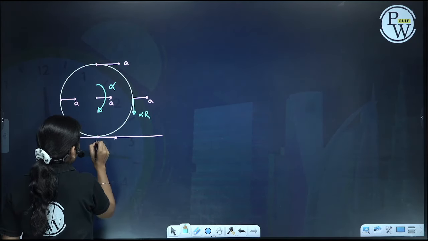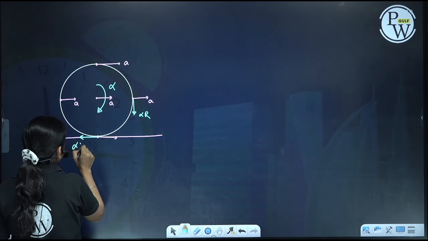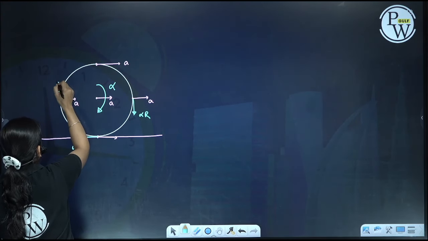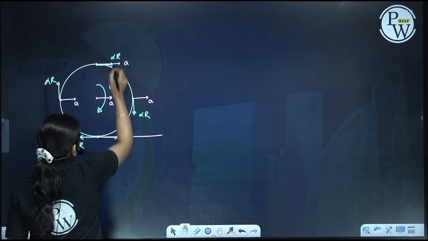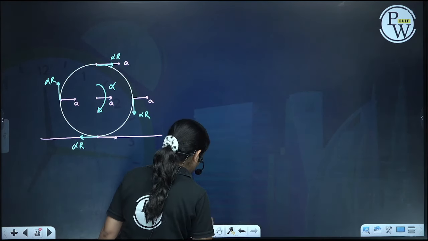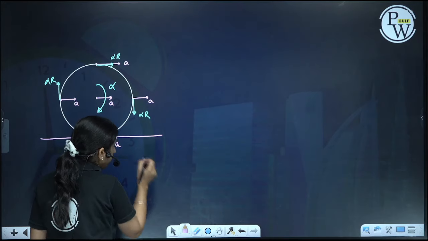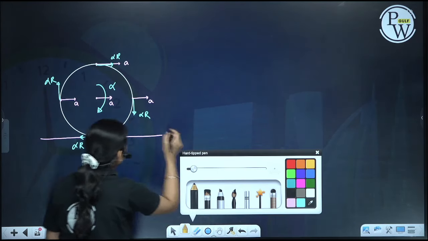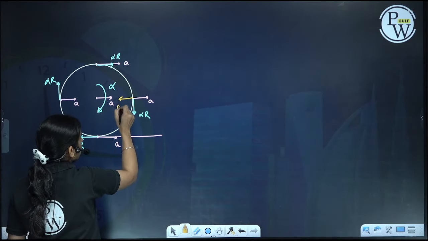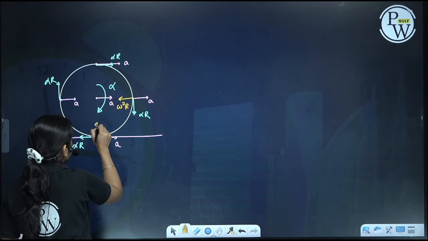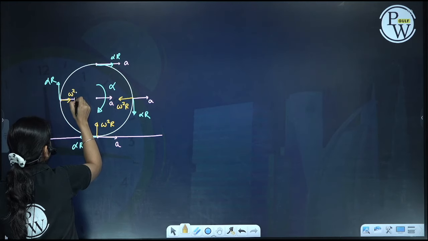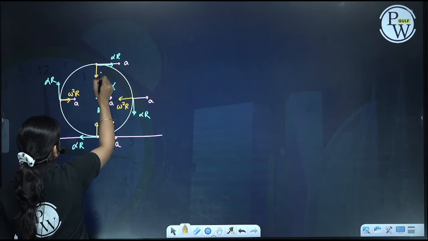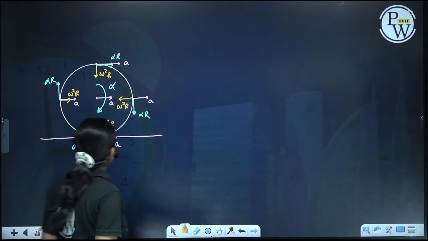So every point will have the tangential acceleration alpha r like this. Also every point will have a centripetal acceleration omega square r.